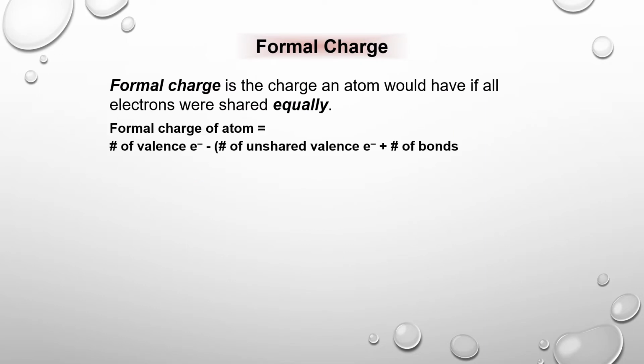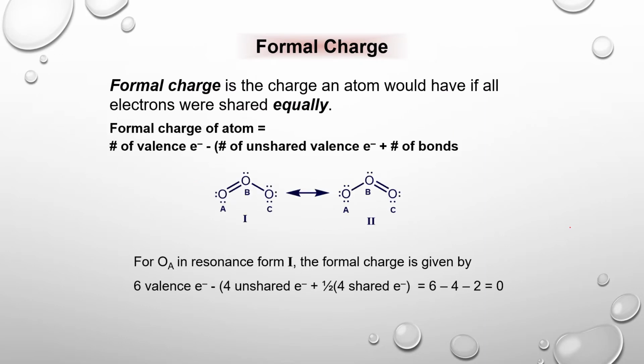Formal charge is the charge an atom would have if all the electrons were shared equally. It gives us an idea of which of the different resonance forms would actually be the most probable for a molecule and would contribute to the greatest characteristics of the structure. The formal charge of the atom is equal to the number of valence electrons minus the number of unshared valence electrons.